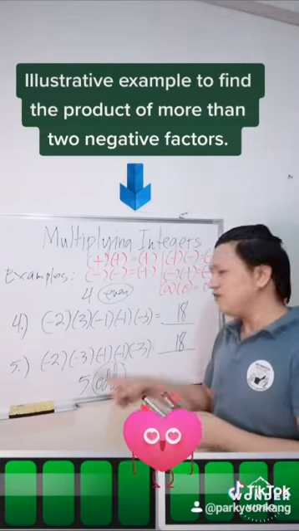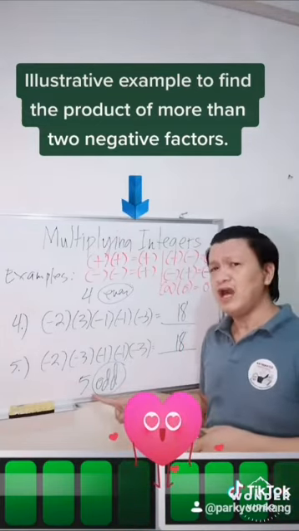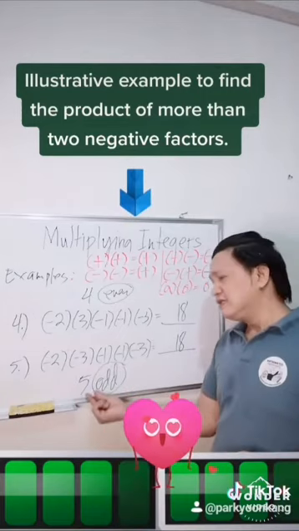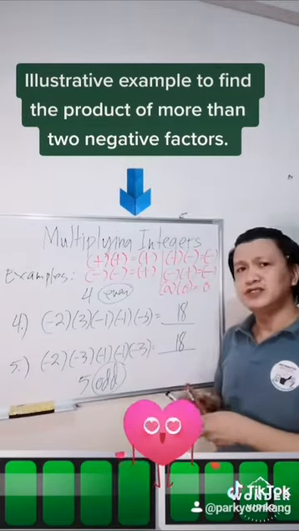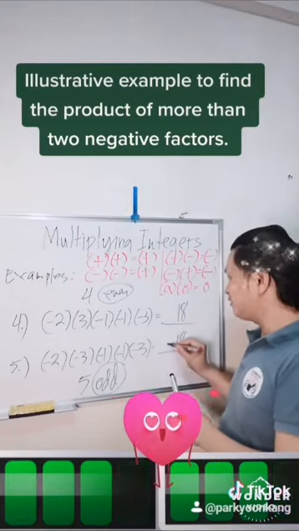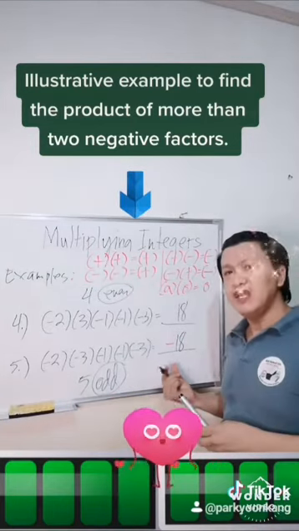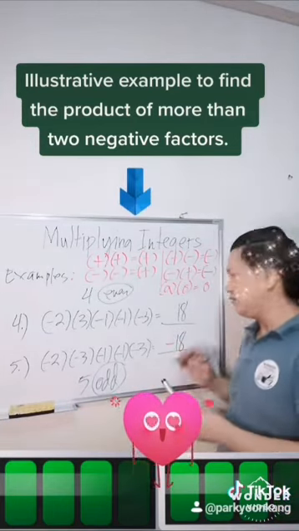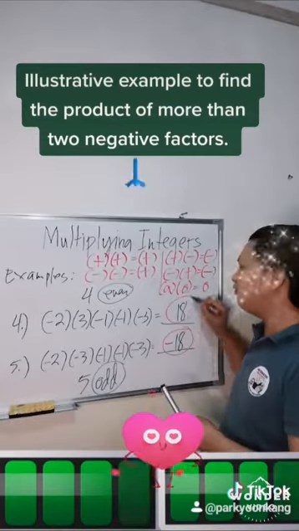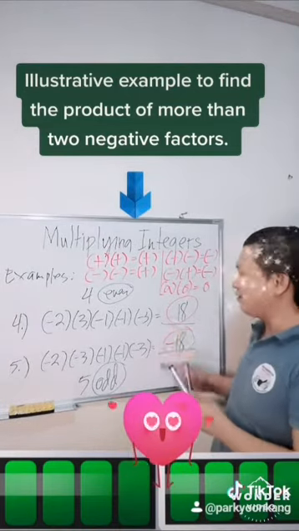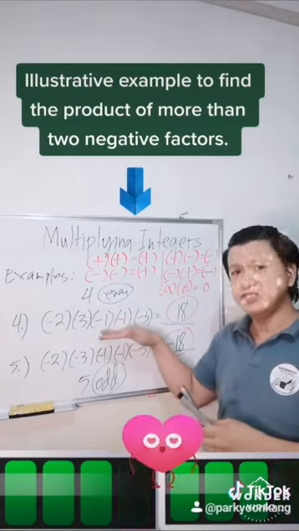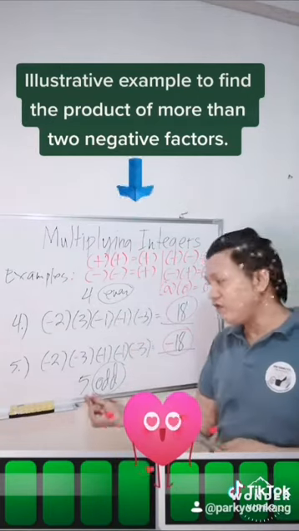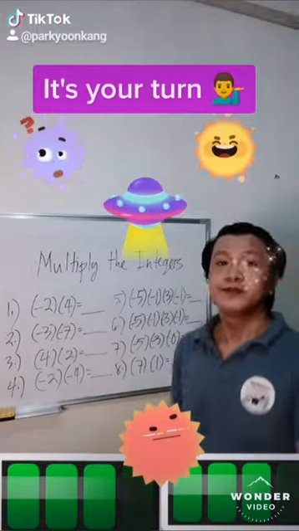So if the number of negatives is odd, the sign of the product is negative. Therefore, this is now the answer for number 4 and number 5. You can compare the same integers but with different signs because of the number of negatives.